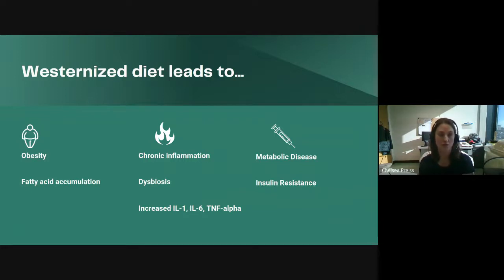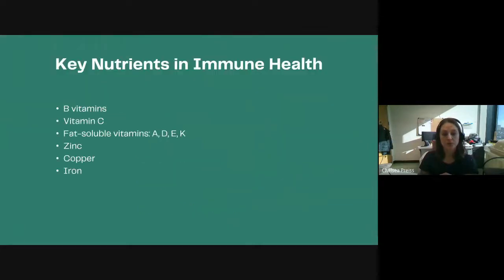So, you have this chronic overproduction of inflammatory cytokines. There's several immune cells that are affected by adipose tissue volume because they have immune cell signaling capabilities. So that's a little bit of what we shouldn't eat.